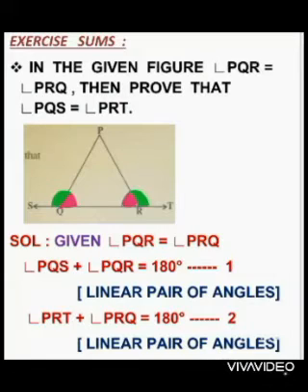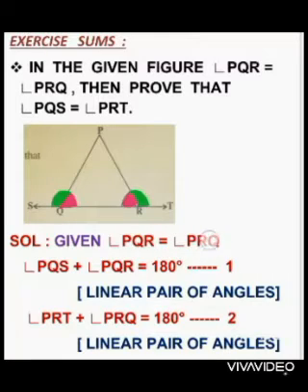What they have given in the question: angle PQR is equal to angle PRQ, that is, angle Q is equal to angle R. We have to prove that angle PQS is equal to angle PRT. As PQR is equal to PRQ, these two angles are equal.